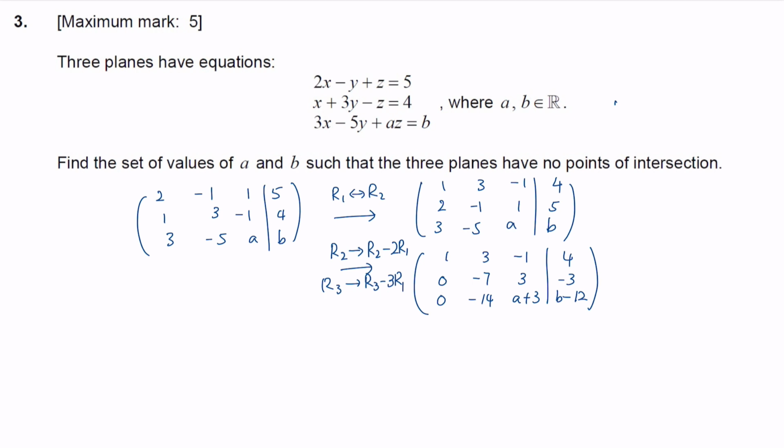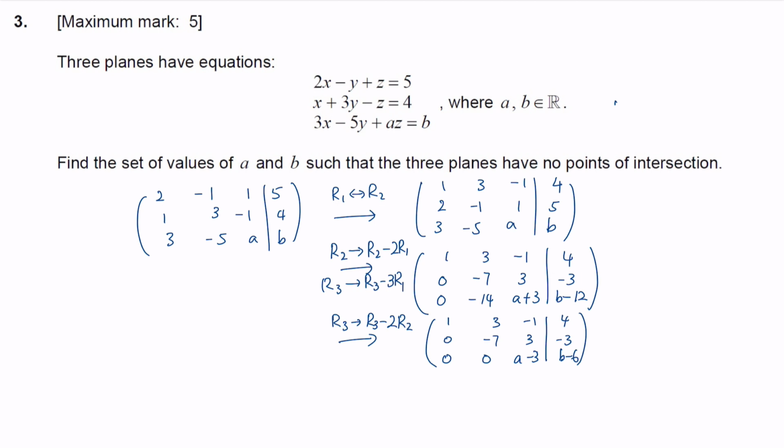Then let's see, we can take some steps to make this element here 0. We're going to make this 0, so I'm going to take row 3 to become row 3 minus 2 row 2. 1, 3, minus 1, 4; 0, minus 7, 3, minus 3; 0, 0, a minus 3, b minus 6.